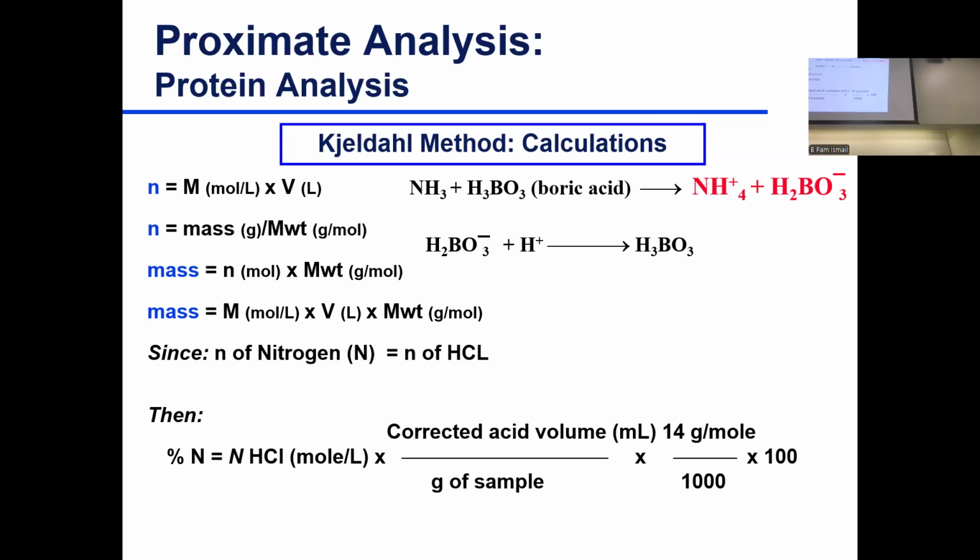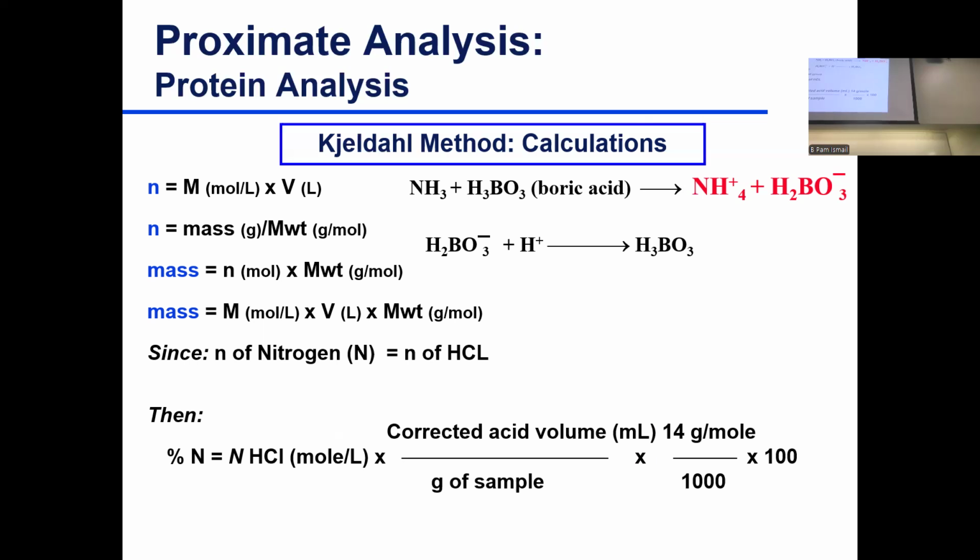So mass of nitrogen in grams equals the molarity or normality of HCl, that's mole per liter, that's your unit, times volume. Usually you titrate in milliliters. If I want to convert this milliliter to liter, what do I need to divide by?